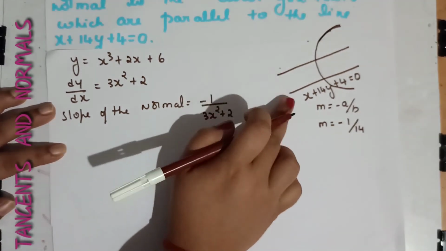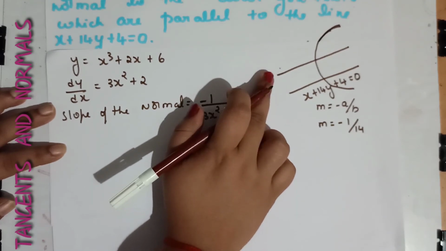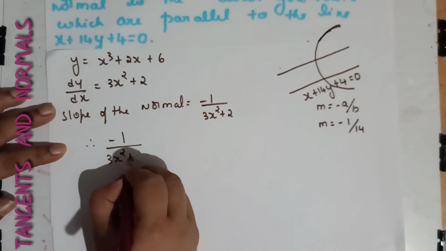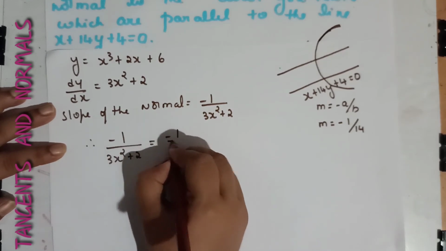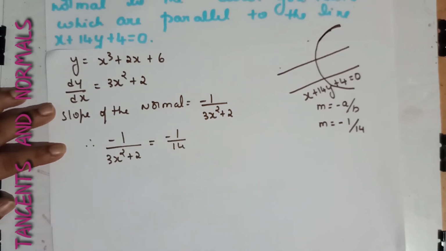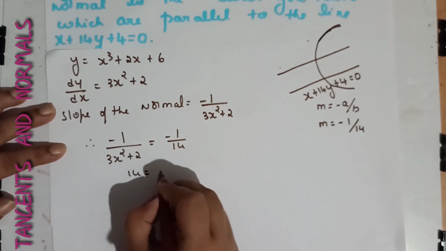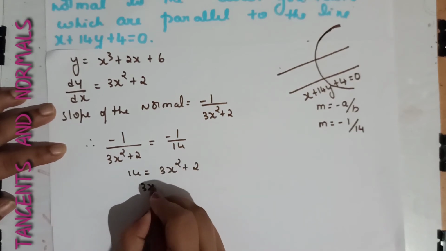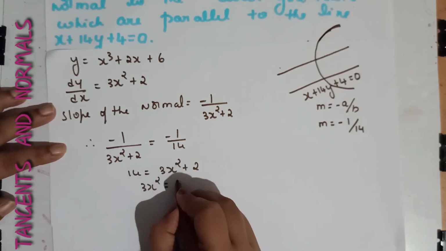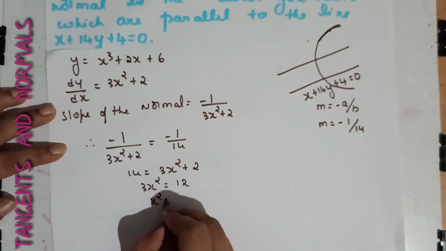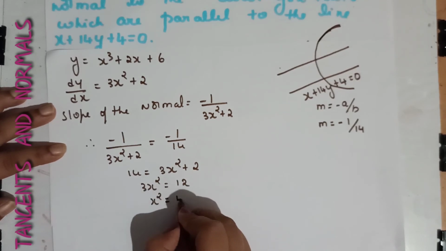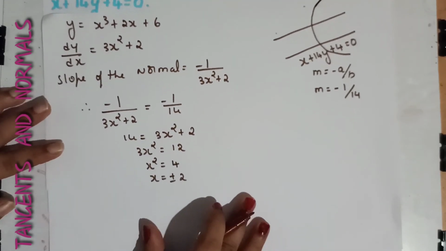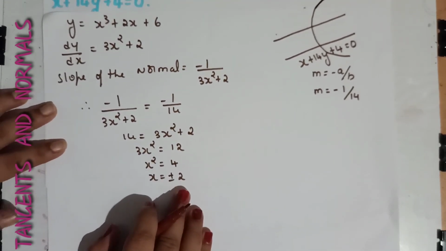Now since the two lines are parallel, slopes are equal, that means I can say minus 1 by 3x square plus 2 is equal to minus 1 by 14. Simplify the equation. 14 is equal to 3x square plus 2. 3x square is equal to 14 minus 2, 12. x square is equal to 12 by 3, 4. x is equal to plus or minus 2.